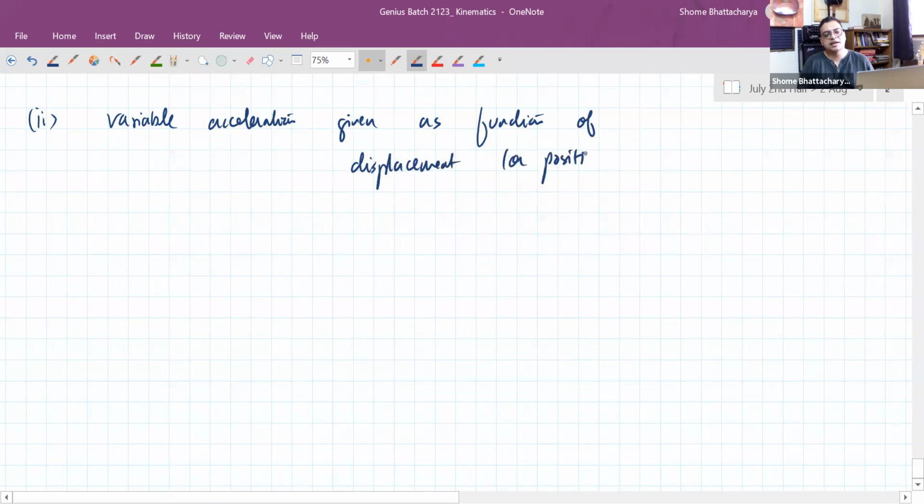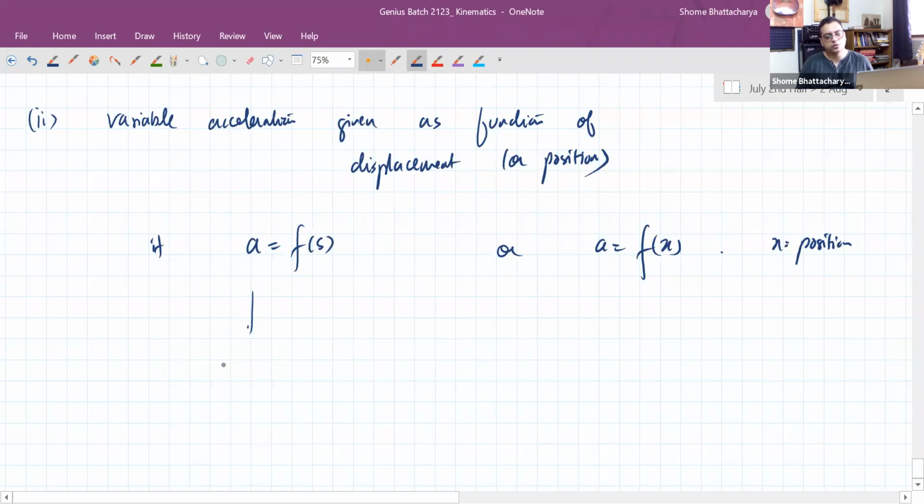So obviously, if the acceleration is varying with time, then it's also varying with displacement or position, because displacement or position themselves are varying with time. So if acceleration is a function of displacement or position, then how do we proceed here?